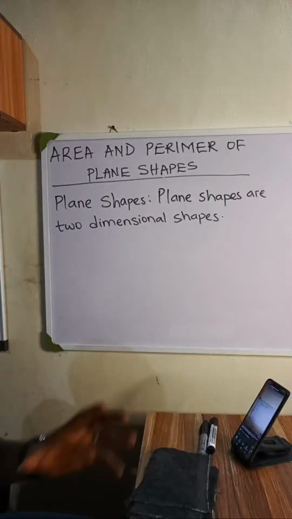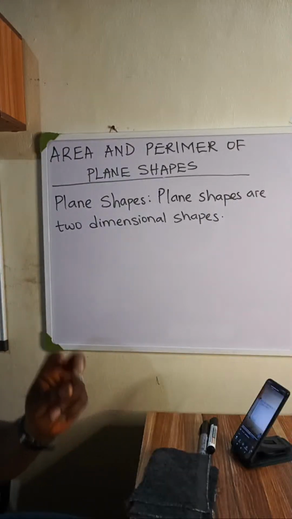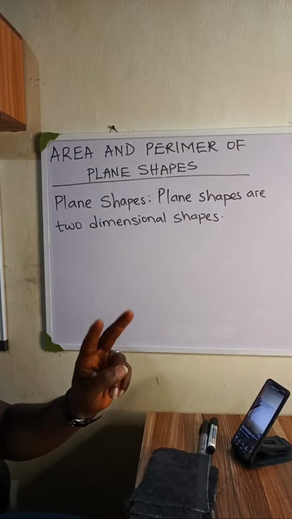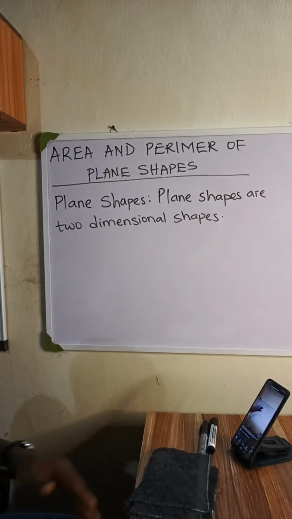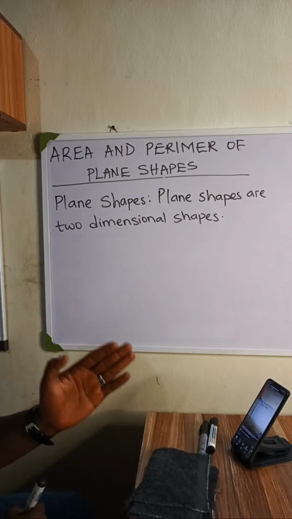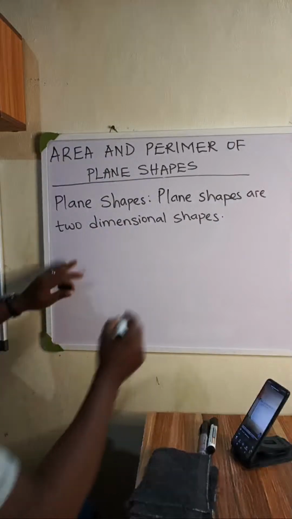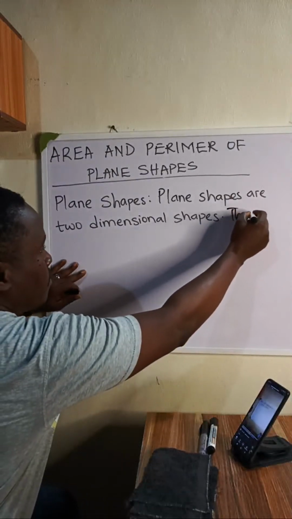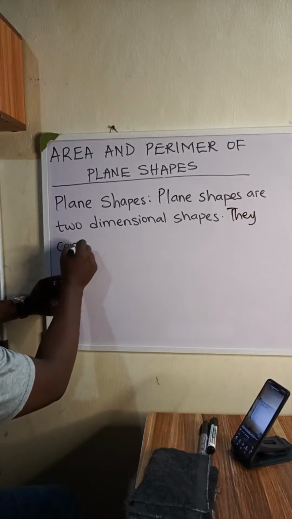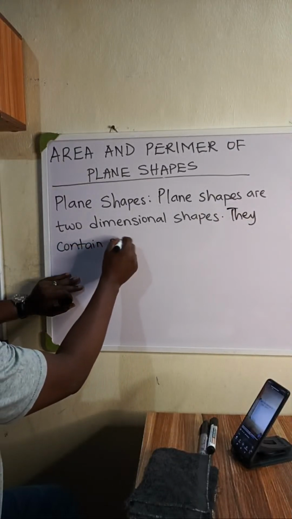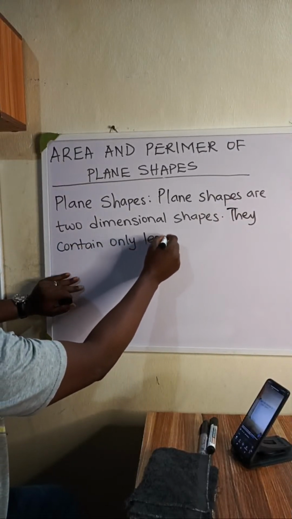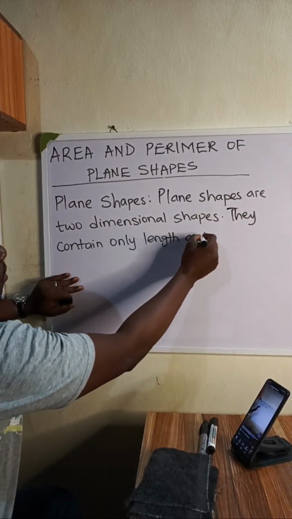So when you are considering plane shapes, you're only considering two directions. The two directions considered are length and width. So they contain only length and width.